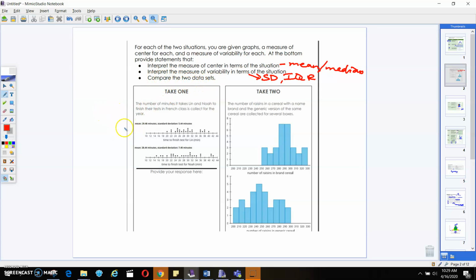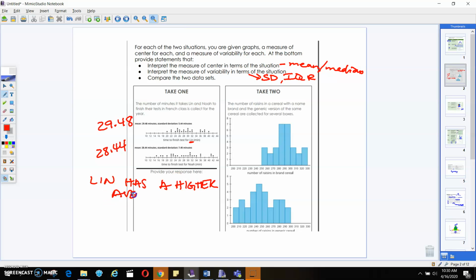So in this first take one, it's got a mean of 29.48, and this one right here has a mean of 28.44. So that means that in this first data set for Lynn, that's her name right here, I assume it's a girl, Lynn has a higher average.